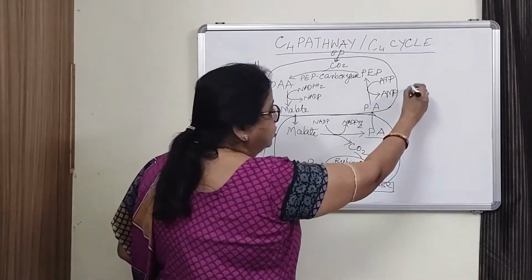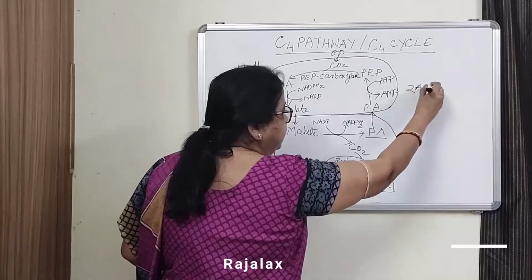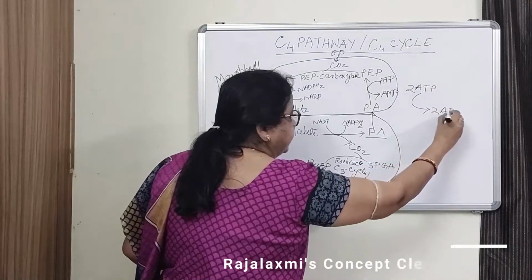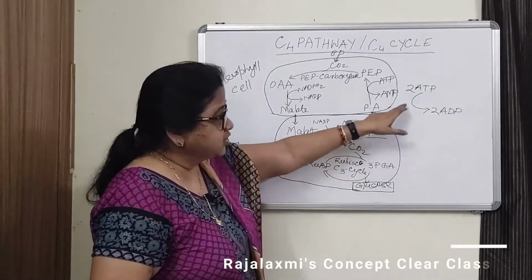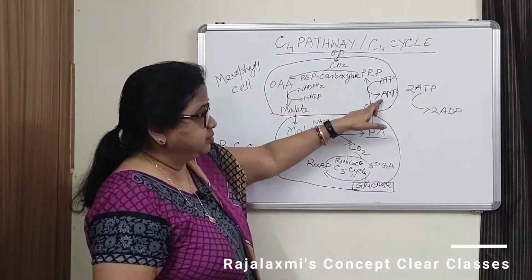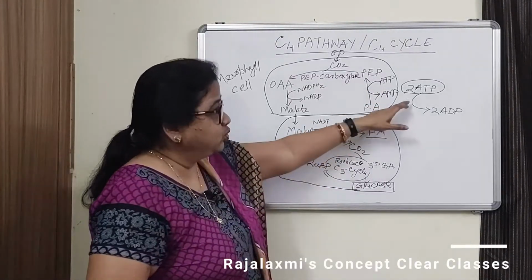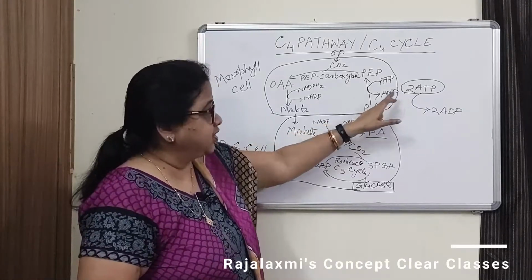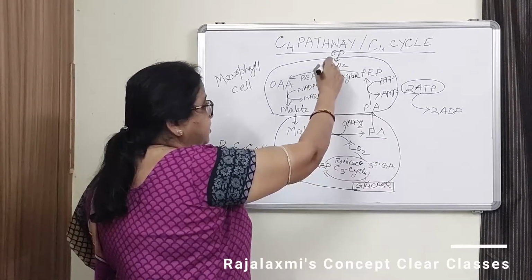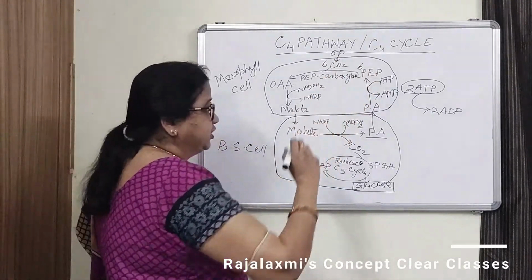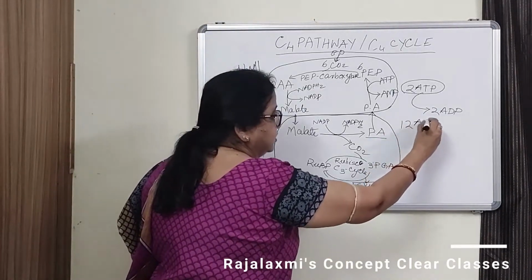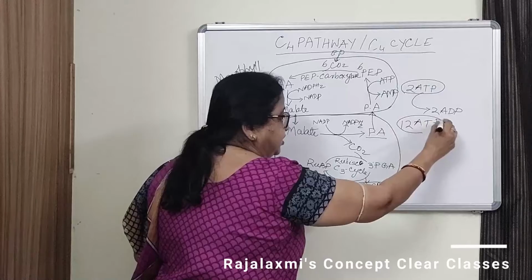That is similar to 2 ATP converted to 2 ADP; here also 2 phosphate bonds are broken. So 2 additional ATPs are required for the C4 cycle. If we take 6 molecules of carbon dioxide and 6 molecules of phosphoenol pyruvate, a total of 12 ATP molecules are needed for the C4 cycle.